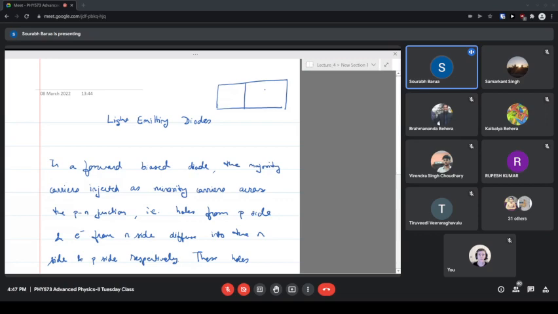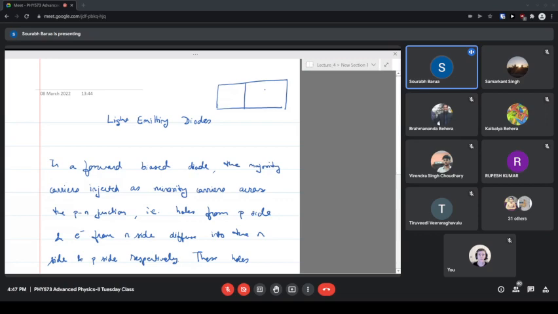For example, this minority electron in the P side which has been injected will recombine with the holes, and the concentration of these injected electrons will go down as you go far into the P side. Similarly, for a hole which has been injected in the N side, the concentration will fall down as you go towards the end of the N side.